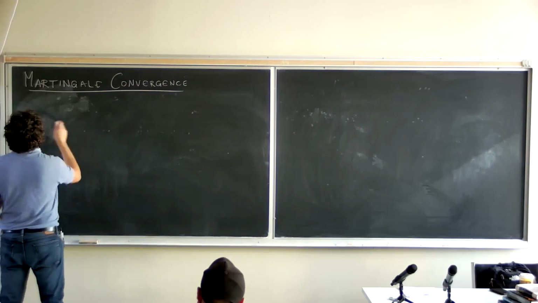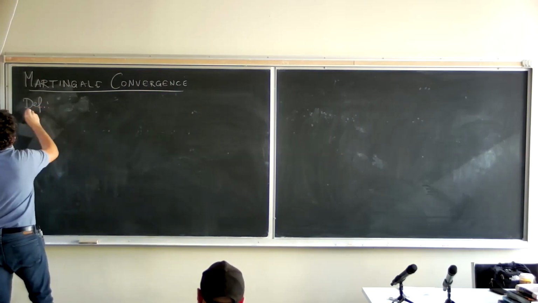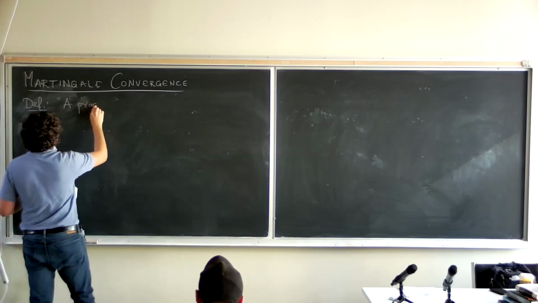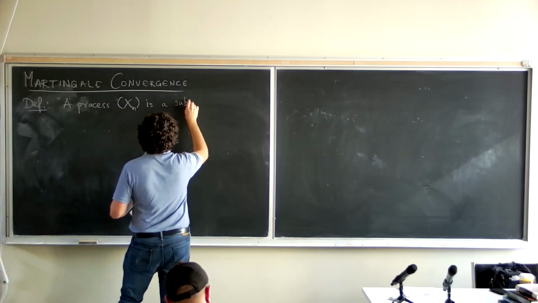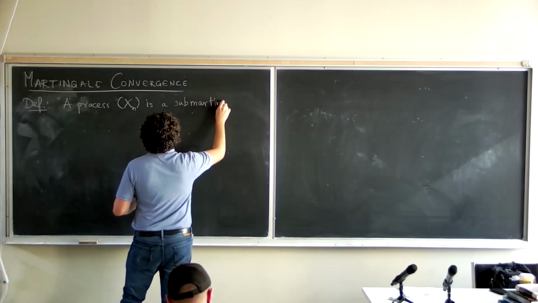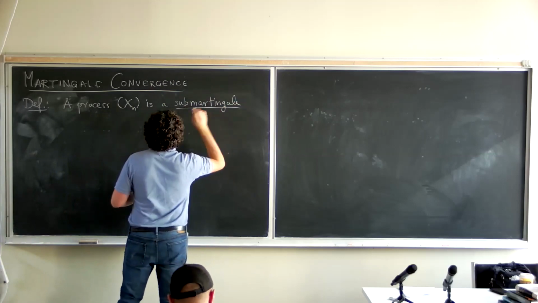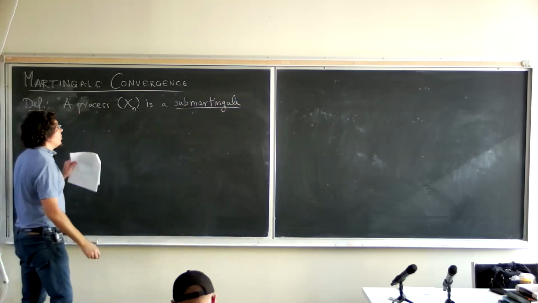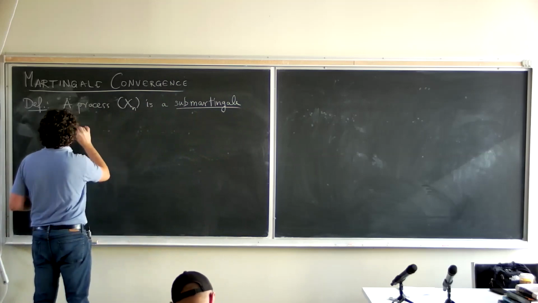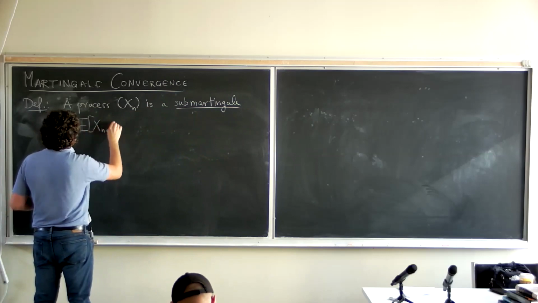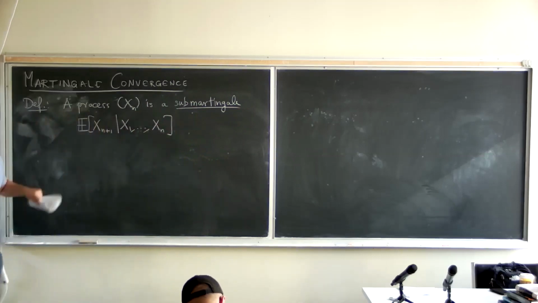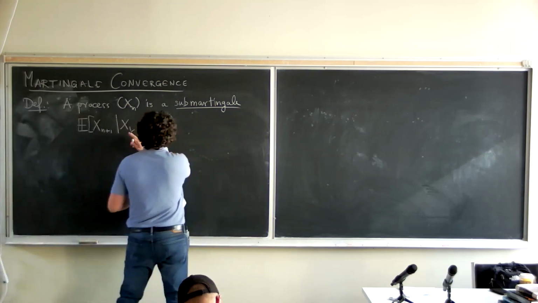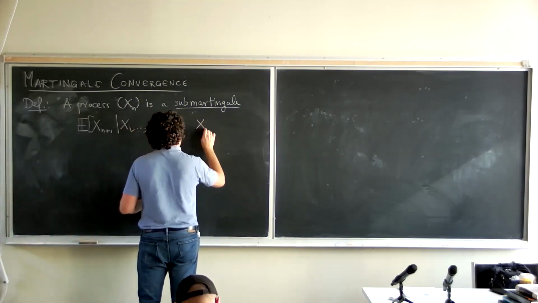So the definition is that a sequence of random variables Xn is a submartingale if we compare the expected value of Xn+1 given X1 through Xn, the value in the future given the values in the past and today, with the value of today.